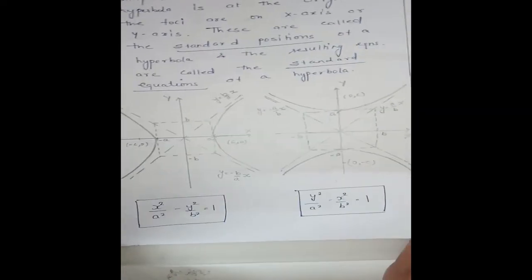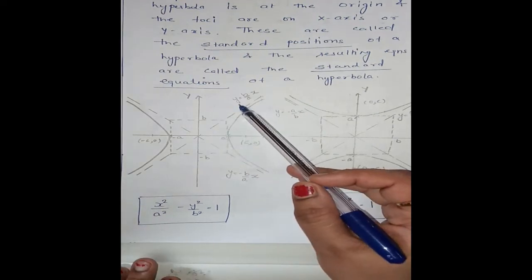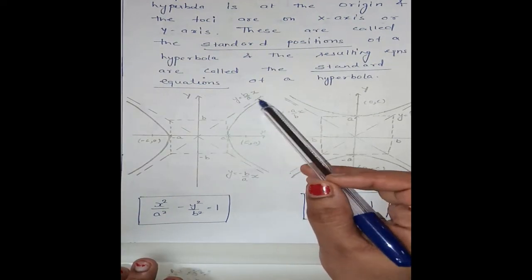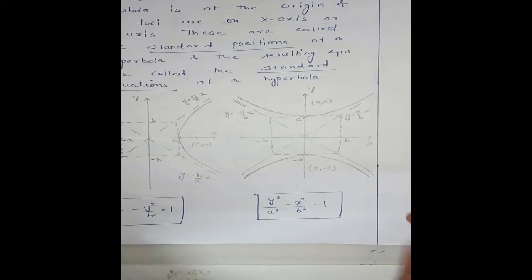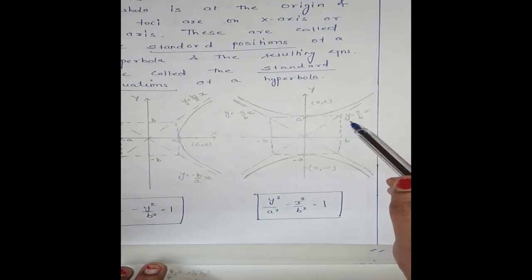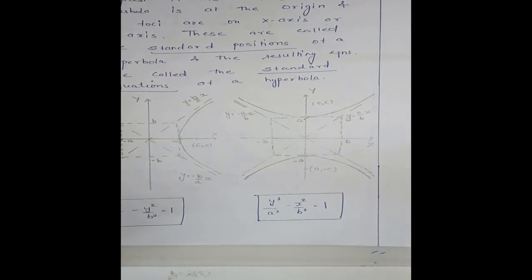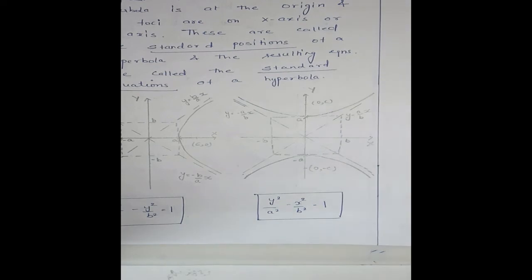Okay, here in this case the equations of the asymptotes are y is equal to plus minus b by a into x, and here the equations of the asymptotes are y is equal to plus minus a by b into x. We have a very quick way to find the asymptotes. Now we are going to discuss that way.